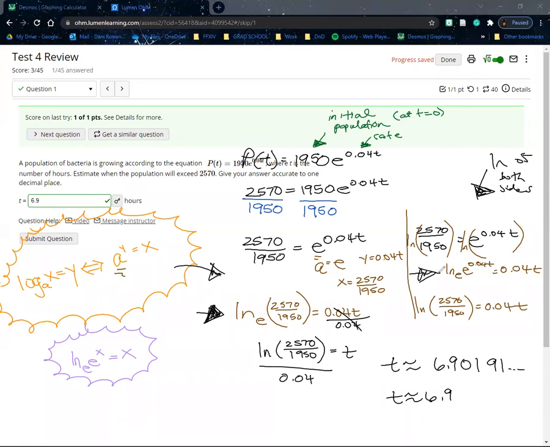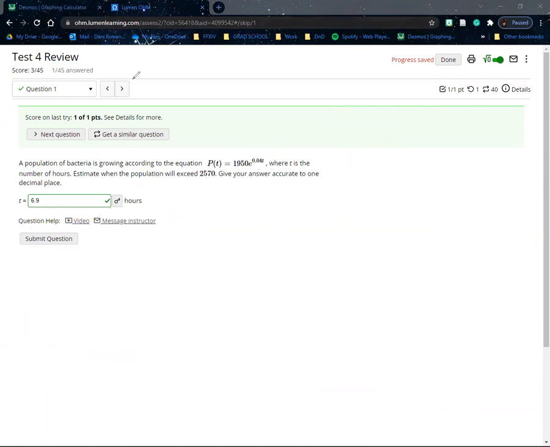So either one will work. I would recommend, if you don't know this that well, that you make it your best friend. It's phenomenal. It saves you in everything involving logs. So okay, I'll stop bragging about my love for logarithms, and we'll continue.